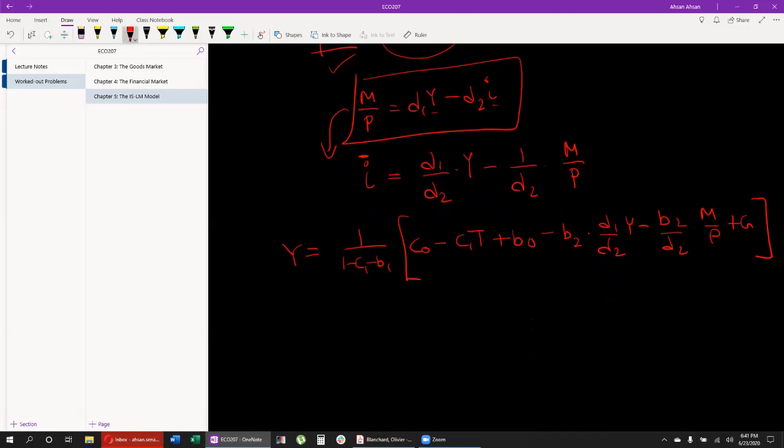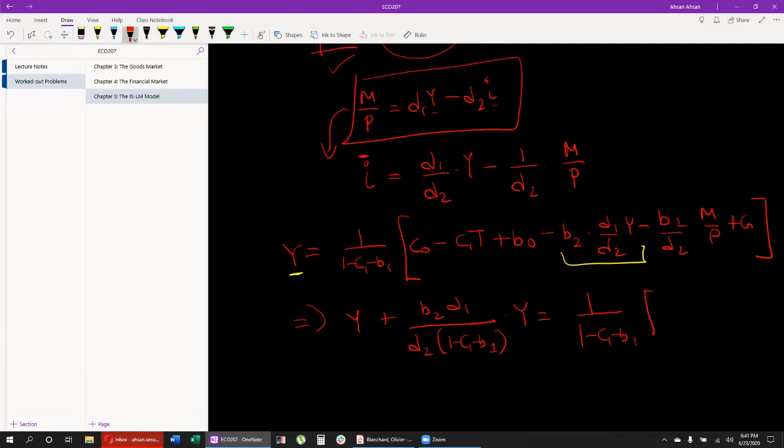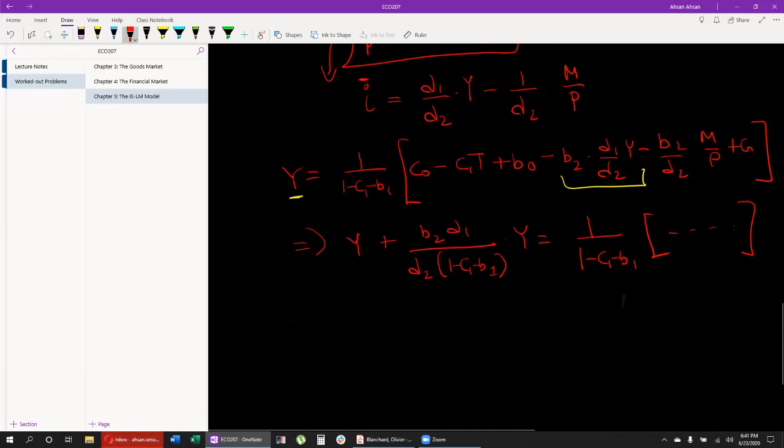So if I simplify this further, since we have Y here, I'm going to try and bring this Y outside. So what I am going to get is Y plus B2 D1 by D2 times 1 by 1 minus C1 minus B1 times Y equals 1 by 1 minus C1 minus B1 and whatever else we have inside the bracket.